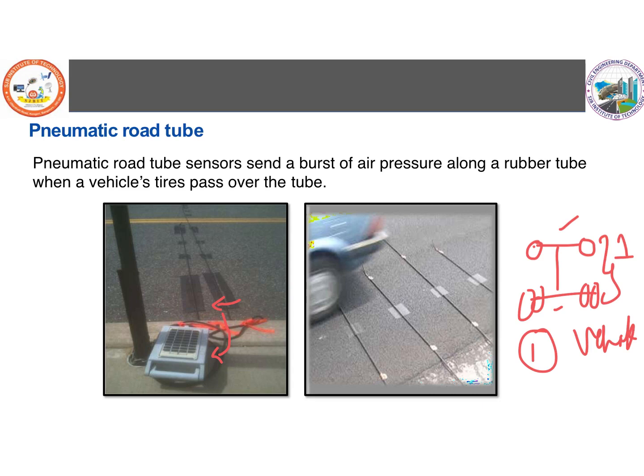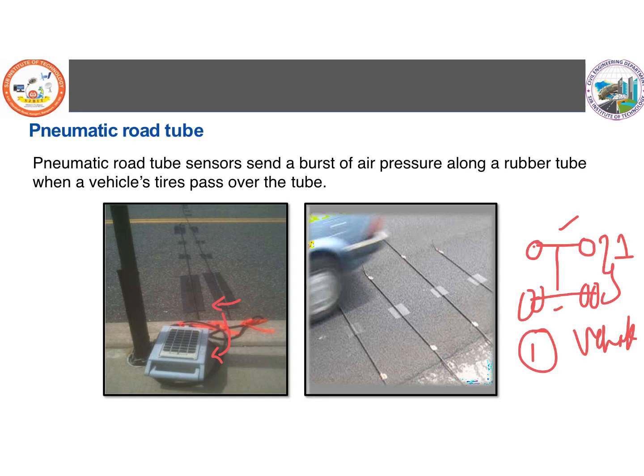The drawback is that you cannot have a classified volume count here. It will just count the number of vehicles passing. We may not know the category of the vehicle, whether it is a car, bus, or truck, so we cannot have a classified volume count.